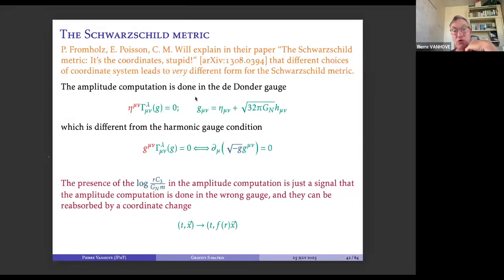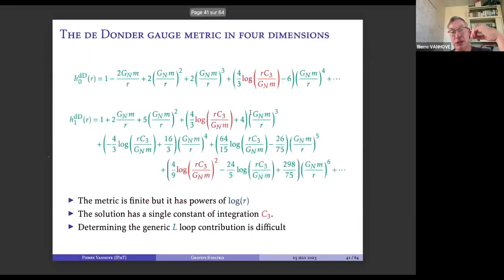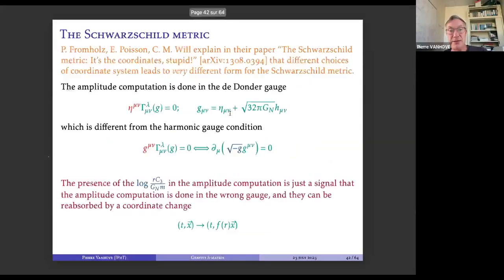As I said, when you go to higher order, you have to compensate for the fact that you are missing the contribution from the higher powers of G Newton. This is precisely taken care of by the way the gauge invariance is enforced by a gauge fixing term in your amplitude computation.